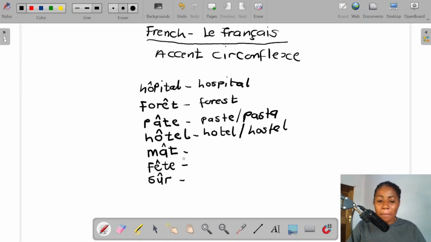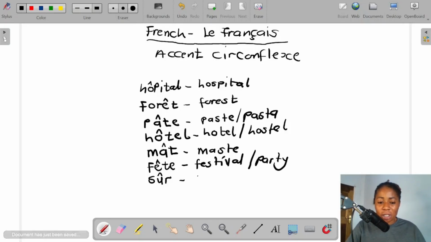We have mât, which is mast. We have fête, which is festival or party or feast. Yeah, we have sûr, which is sure.